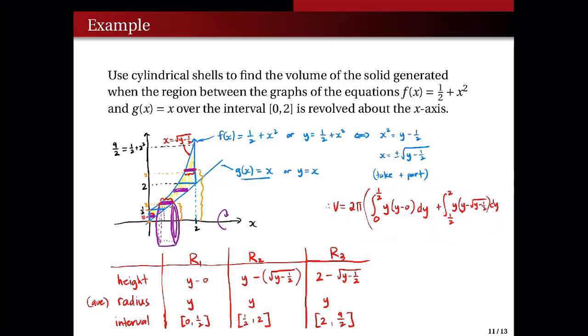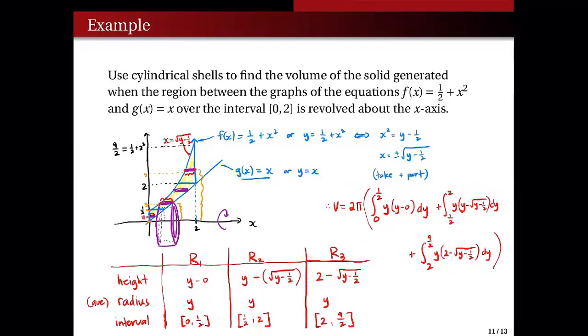And then you do region 3 plus integral. Region 3 is from 2 to 9/2. Radius is just y. The height is 2 minus square root of y minus 1/2, and then you have the dy here. Then you close the parenthesis.